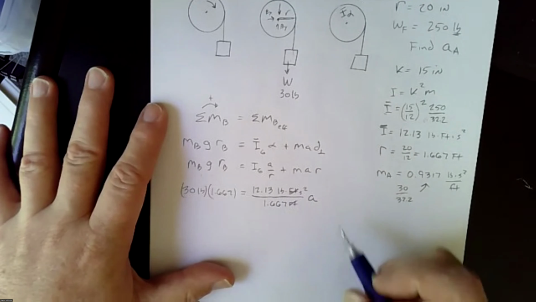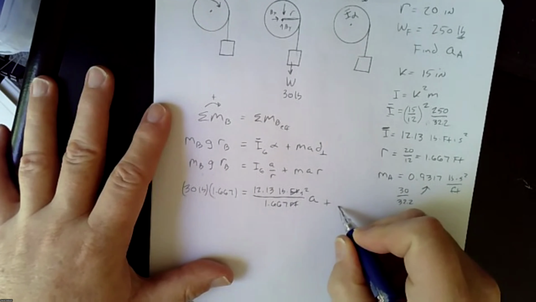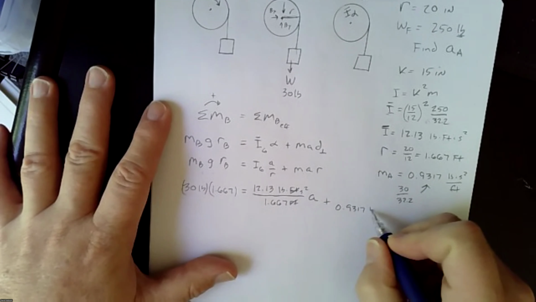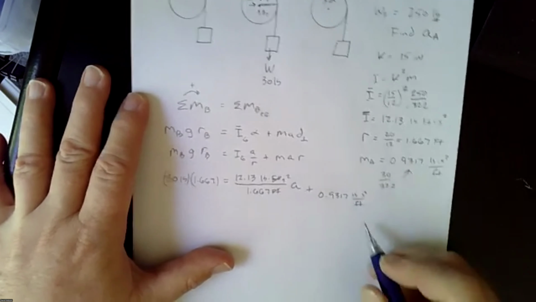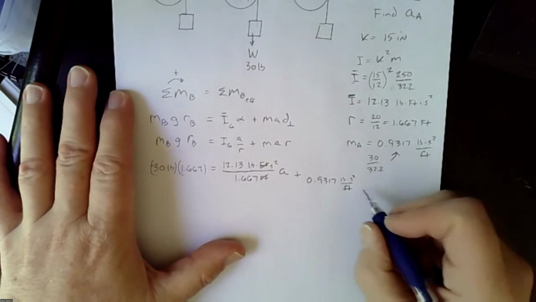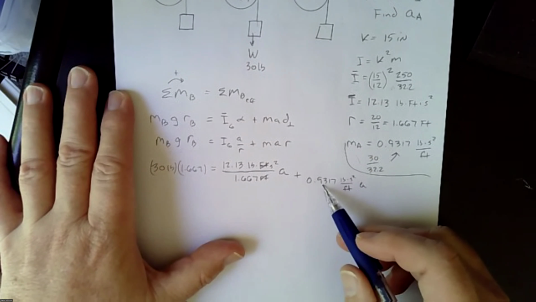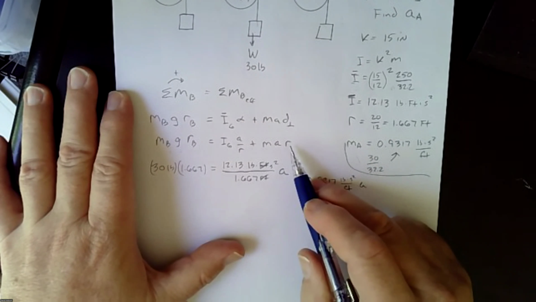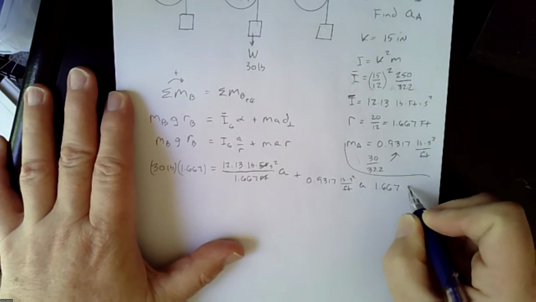And then that's going to be plus what? My mass, 0.9317, and that's pound second squared per foot. I'm just putting the units in here to show you how they work every so often. And then we have times A. Sorry, it's getting a little messy. So it's not 0.9137, that's my mass, times A, which I don't know, and then times R again, which is 1.667 feet.